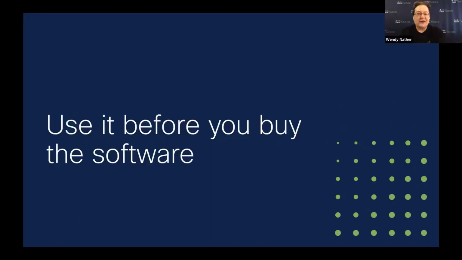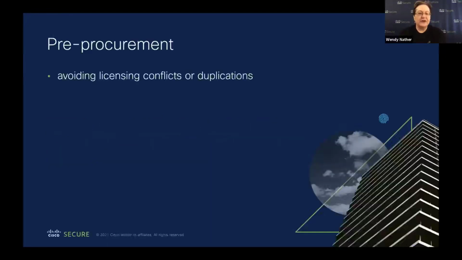Let's talk about pre-procurement. What are you going to do with an SBOM in the pre-procurement phase? You're going to want to insert it in several places, but let's talk about this first. Now, there are some things that don't even necessarily have anything to do with security that you're going to be using SBOMs for, like avoiding licensing conflicts, like, we can't incorporate something with this particular licensing into our own software.